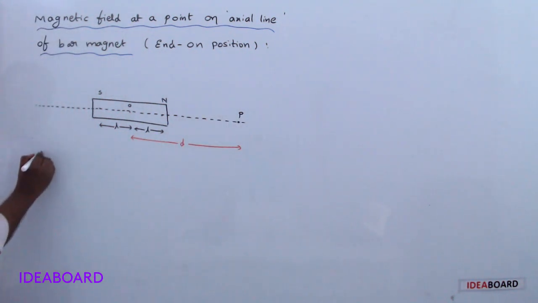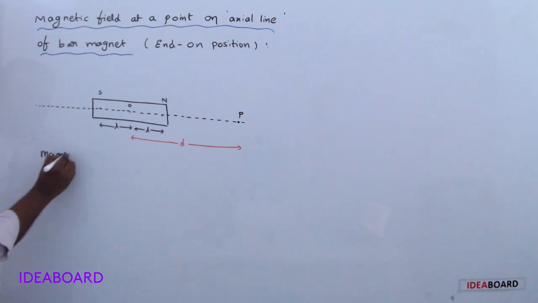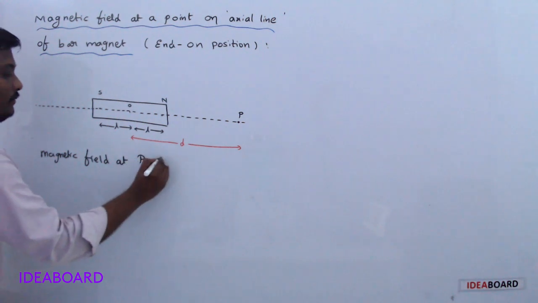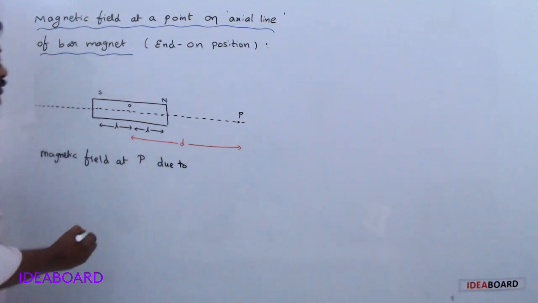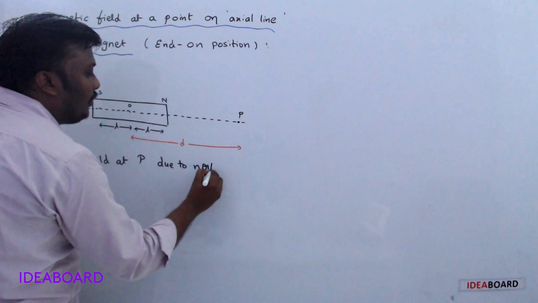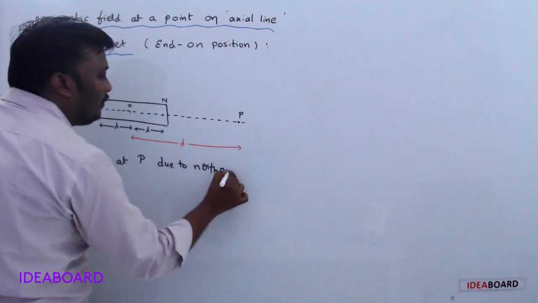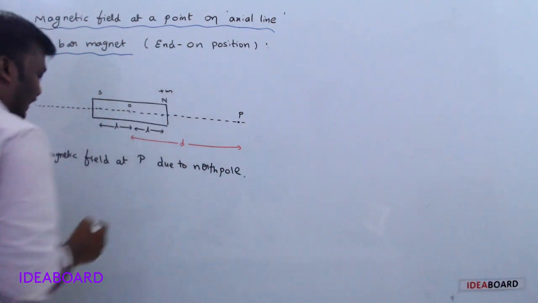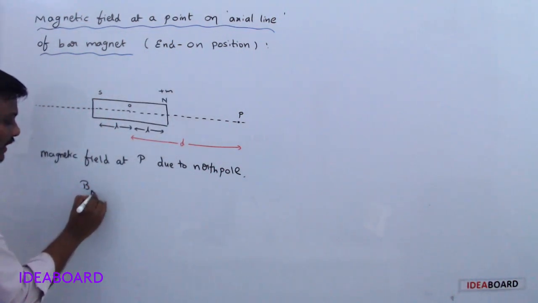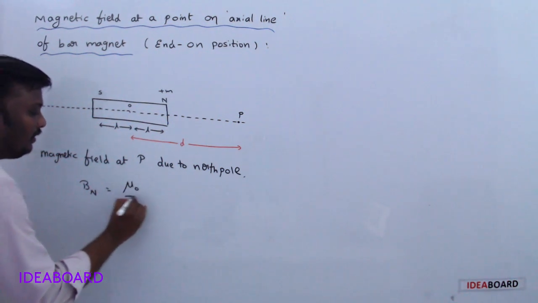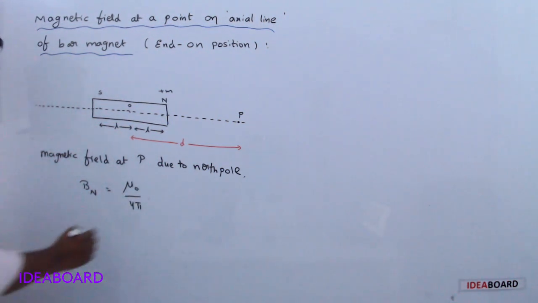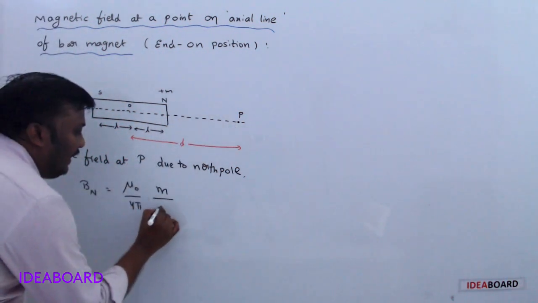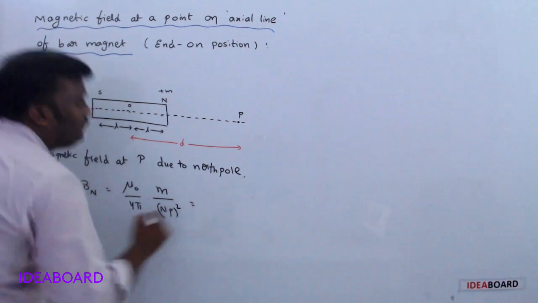So the magnetic induction at P due to the north pole of pole strength +m is Bn equal to mu naught by 4 pi into m by the distance NP whole square.